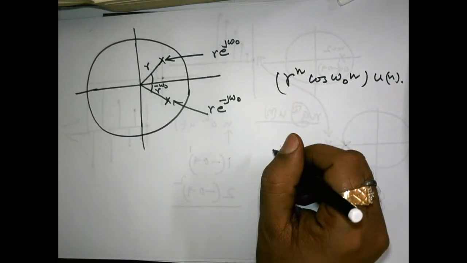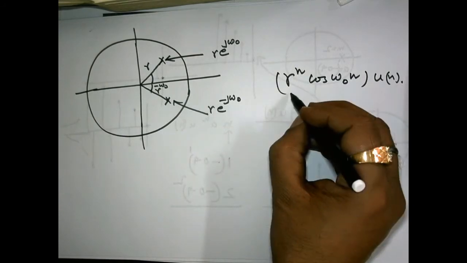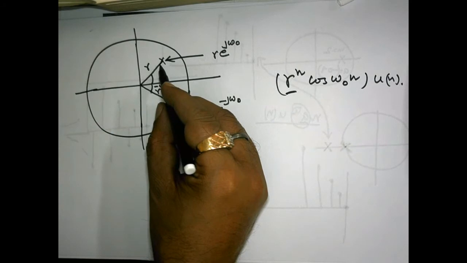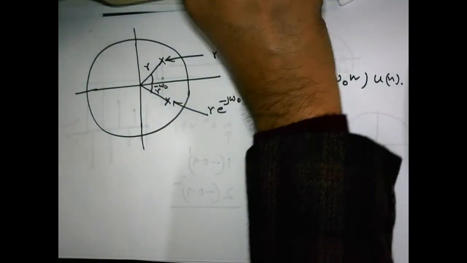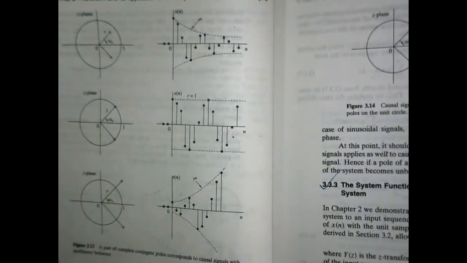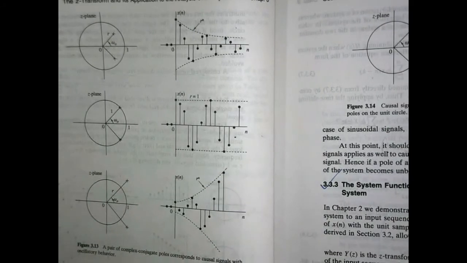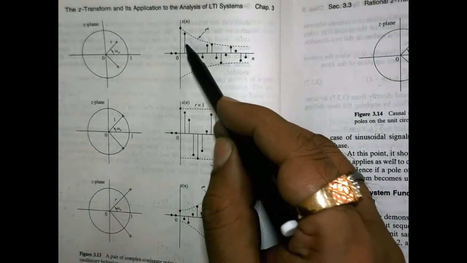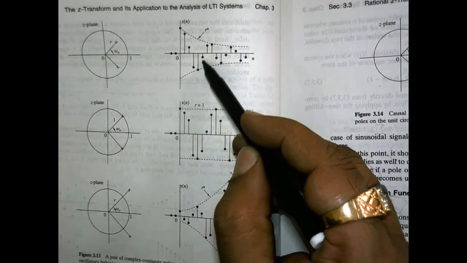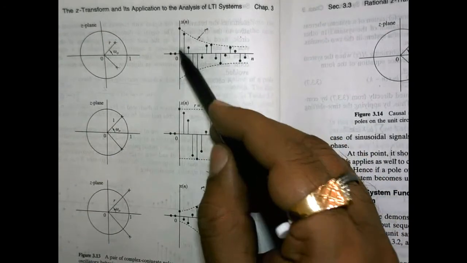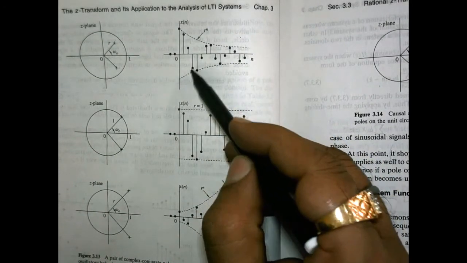Naturally, if the value of r is less than 1, it will attain a shape like this. I am simply keeping the shape before you because it takes the shape r^n cos(omega 0 n). Because r is less than 1, it decays like this.